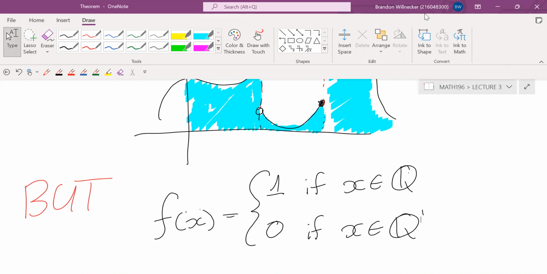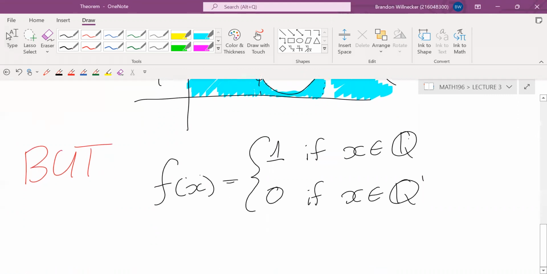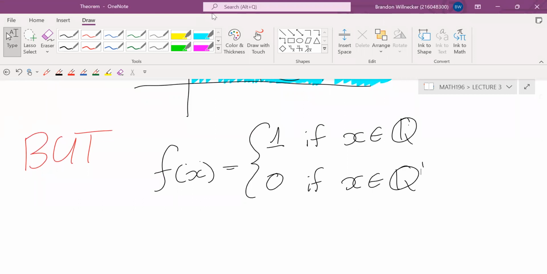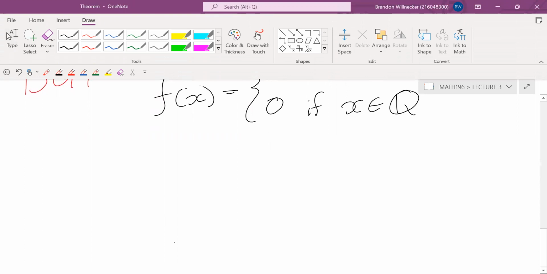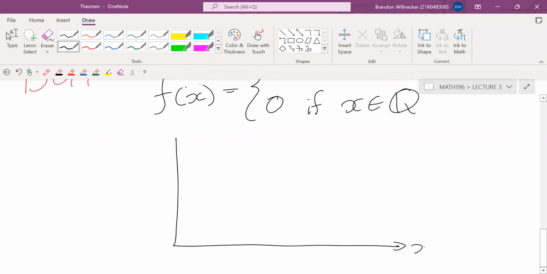Okay, now this function, I don't even know how to plot this, but it is definitely not continuous. Because if you imagine one point that is rational, then right next to it could be something irrational. For example, let's say we've got here x and y.